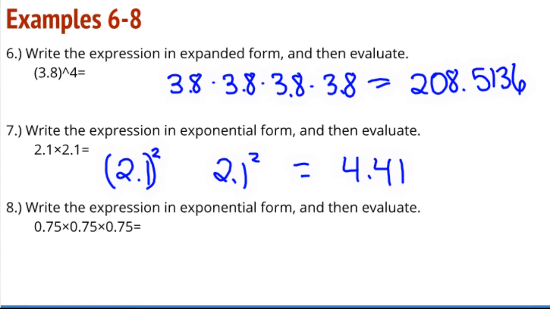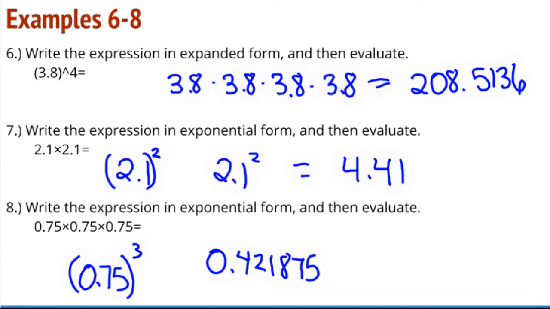And here we've got 0 75/100ths, and we're raising it to the 3rd power. And that will give us 421,875 millionths. It's an awful lot of decimal there.